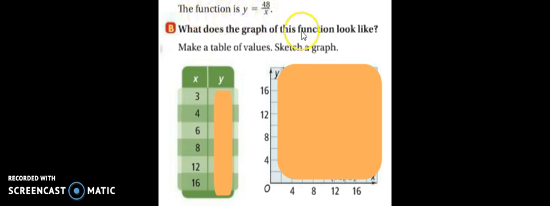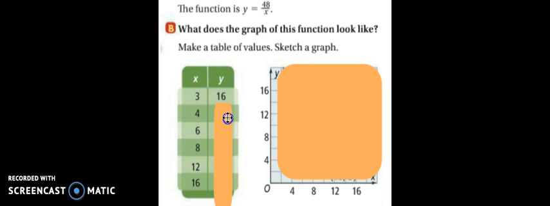In part B, we're going to graph this function y equals 48 over x. That's inversely. So I am going to pick numbers that 48 divides by. So I'm not picking random numbers. As x increases, what should happen to y? Decreases, because it's inverse variation here.